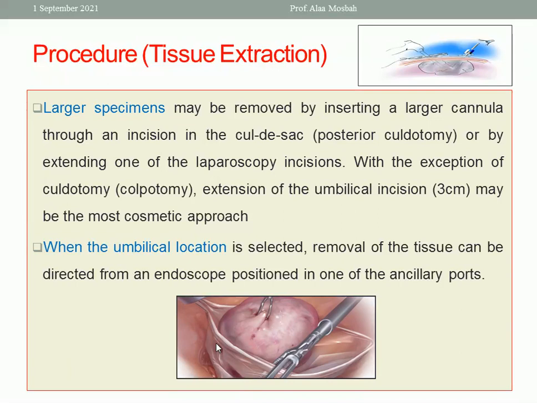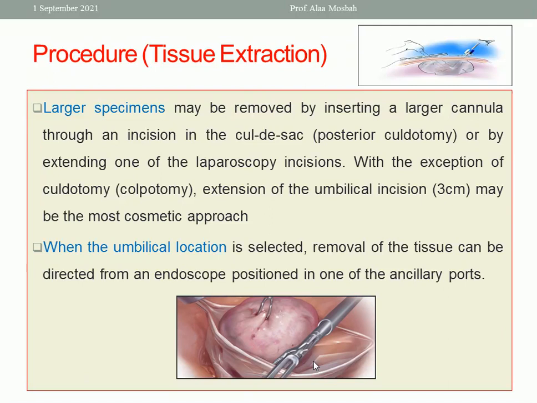Larger specimens may be removed by inserting a larger cannula through an incision in the cul-de-sac, what's called posterior colpotomy, okay, or by extending one of the laparoscopy incisions like that at the umbilicus. You may widen the incision at the umbilicus to 3 centimeters and remove it, and it will be cosmetic. When the umbilical location is selected, removal of the tissue can be directed from an endoscope positioned in one of the ancillary ports. So I need to see the view inside the abdomen.